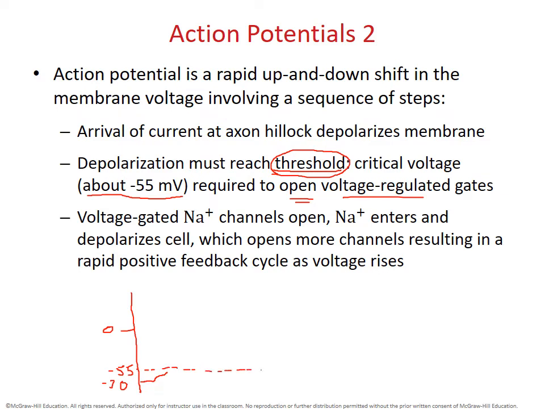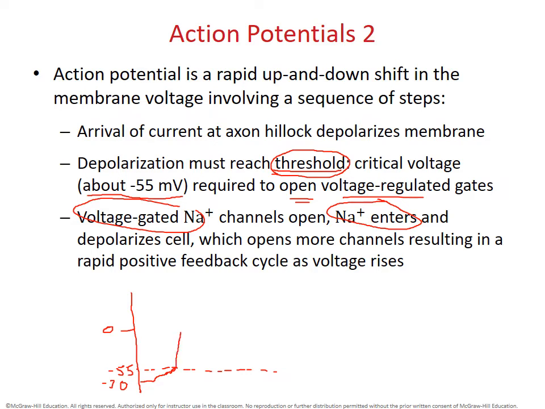I wish this was a straight line. Once it hits that threshold, then we're going to get voltage-gated channels opening, and of course sodium enters the cell. That's positive charge entering the cell, and so we're going to get a very rapid spiky depolarization.